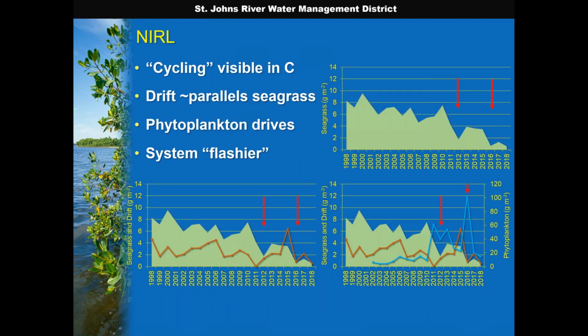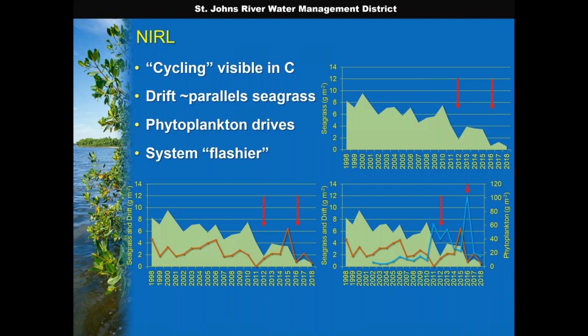And in fact, now that we have a couple of events, the 11 and the sort of 16, we can look at the overall distribution of carbon, the estimates of carbon distribution among those three key primary producers. So you can see that the green shape, that's the seagrass biomass. That's in the upper right, on its own there, and the arrows show you where it dipped.